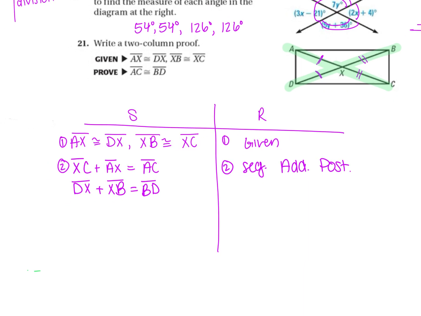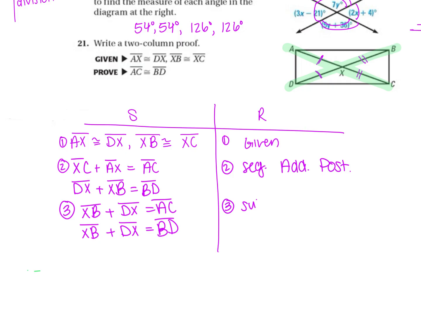All right, now what could I do? I can substitute XC for XB in XB plus DX equals AC. And I'm going to rearrange the bottom one: I still have XB plus DX equals BD. I did substitution.